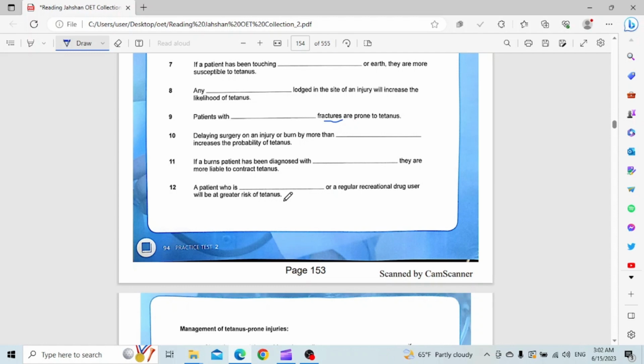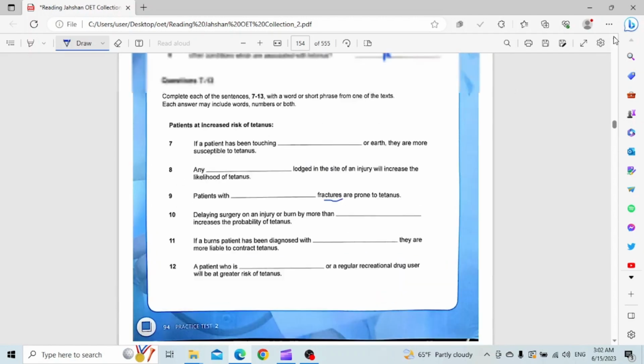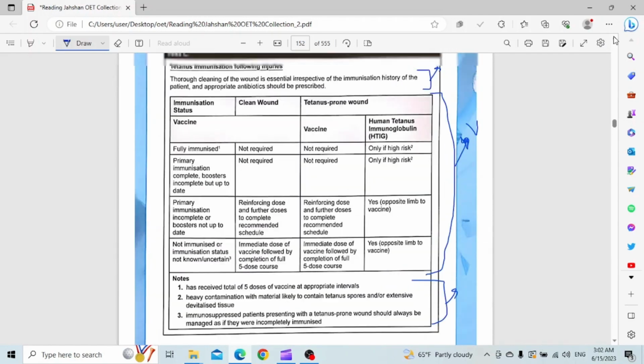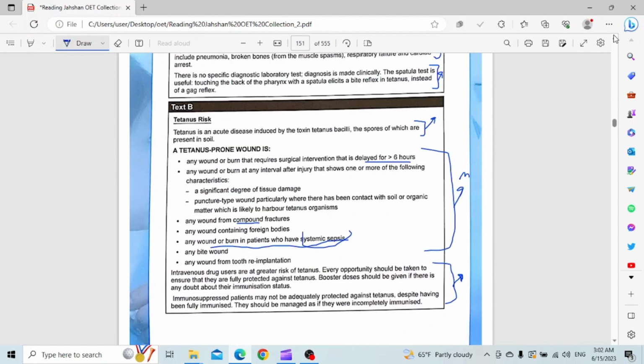A patient who is a regular recreational drug user will be at greater risk of tetanus. We are also talking here about risk of tetanus, so it's B. Recreational drug. Let's continue. For now, we know that the answer is not in the above sentences, so I just keep reading.